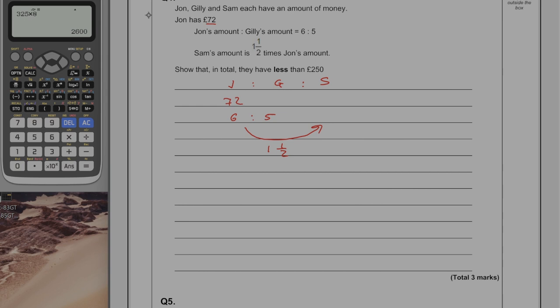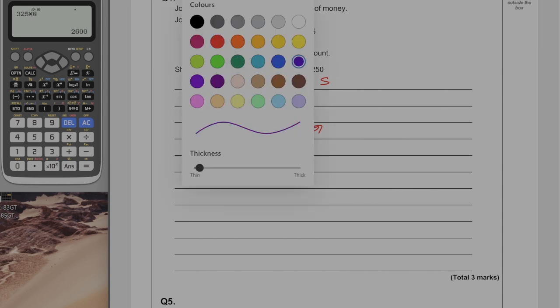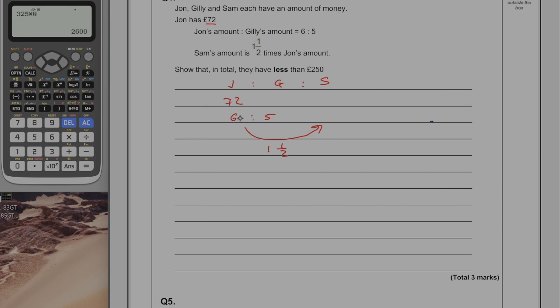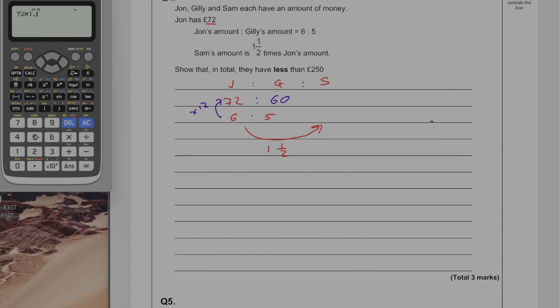Right, so I'll change pen then. If we've got 6 to 5 here, to get from here to here, we divide by 12. So let's put my arrow the other way, because times by 12 is a bit more like what I'm after. So 5 times by 12 is going to give me 60. So Gilly's amount would be £60. And then over here, 72 times by 1.5 is going to give me 108.